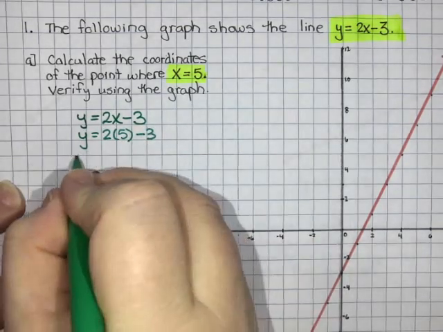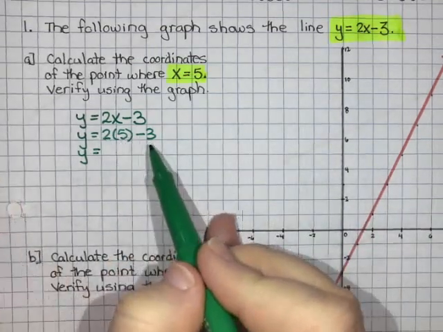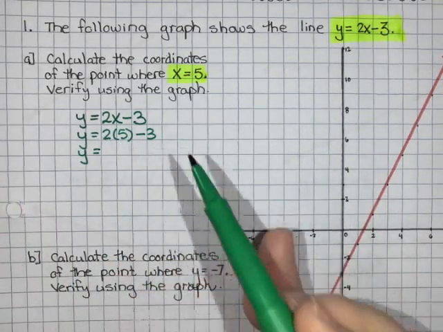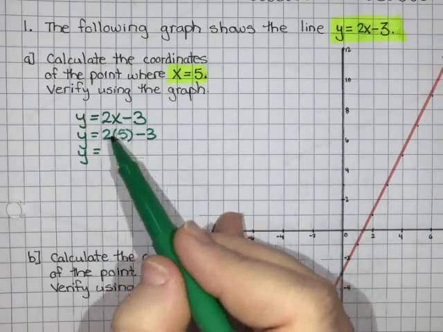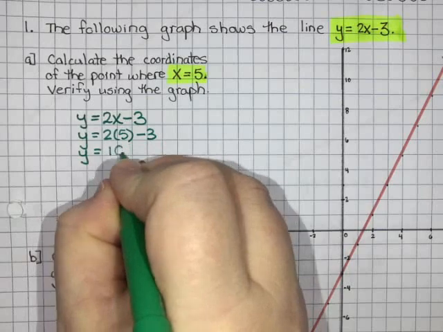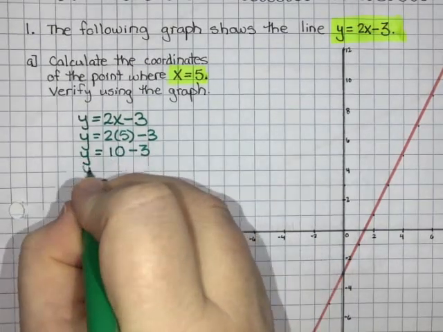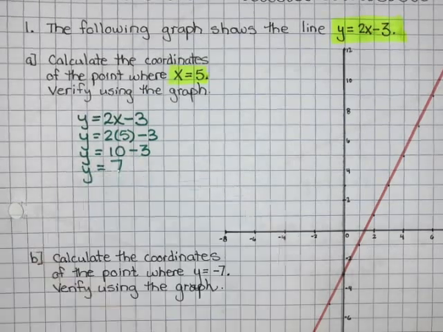I'm going to follow order of operations and calculate. We have multiplication and subtraction, so according to BEDMAS, we do our multiplication before our subtraction. I'm going to start by doing 2 times 5, which is 10. Take away 3, and 10 take away 3 is 7.